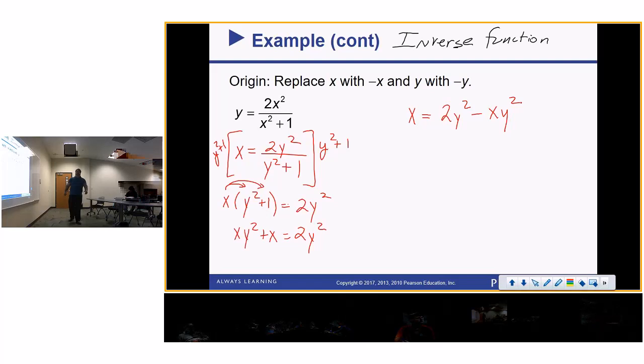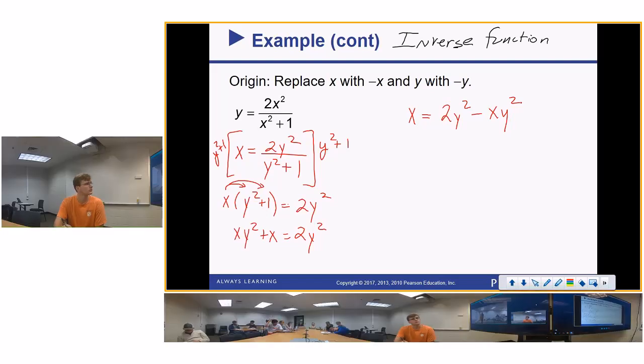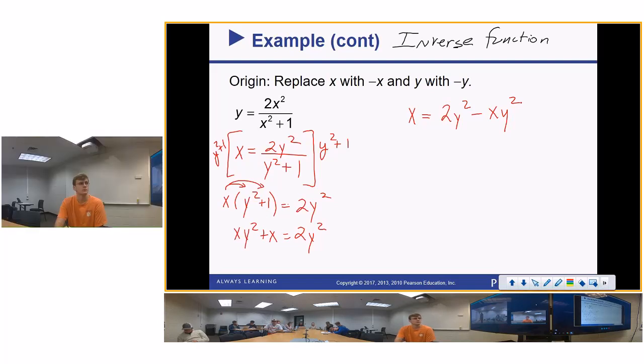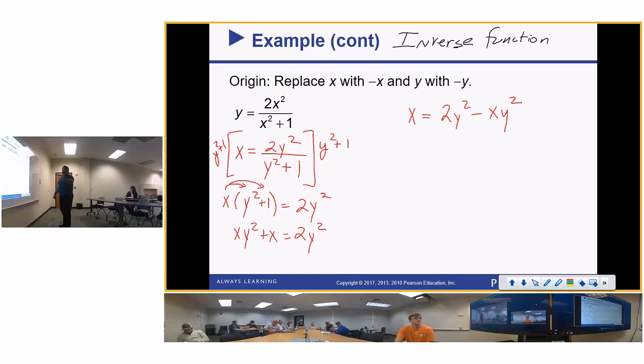This is algebra. This is algebra 1 and algebra 2. So everybody should know what to do next. Square root? Nope. You could divide by x? Nope. Oh, you combine like terms? You got to do something before that. What is the opposite of the distributive law?